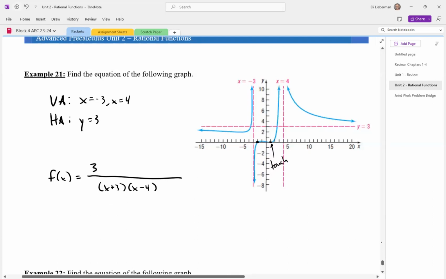Are we good with this so far? Anything else or this? Very, very nice. It's really, really good.